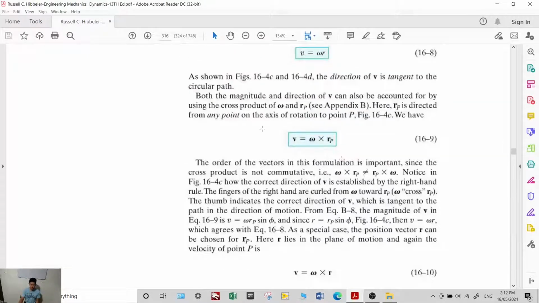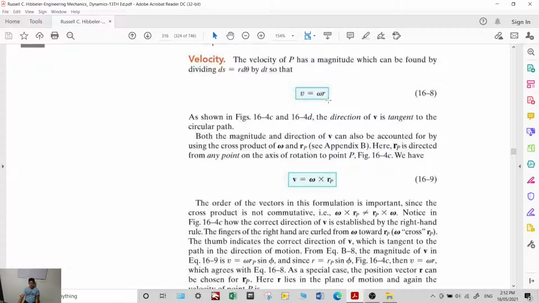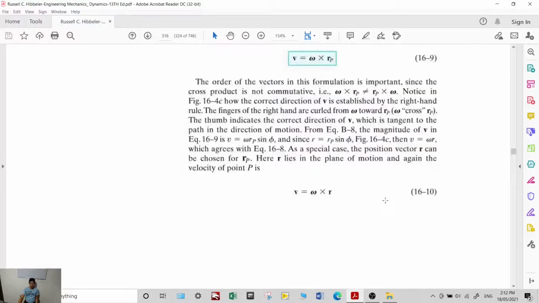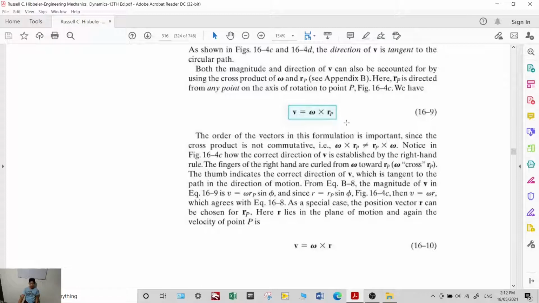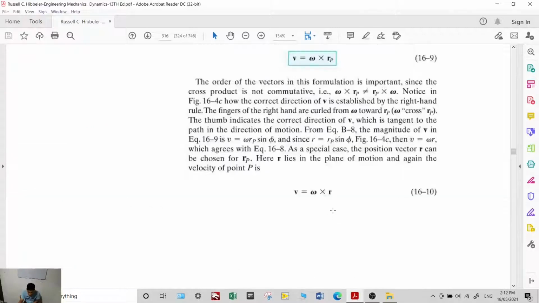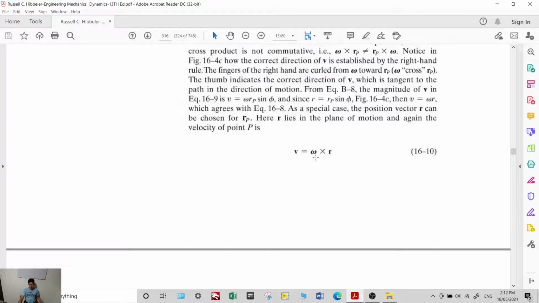This cannot be, no? It cannot be r sub p cross r. It should be omega cross r. Now, the magnitude of this is just the same as the magnitude, omega r, of your velocity. The advantage of this is that it also gives the direction. Okay? So the velocity is just omega cross r.